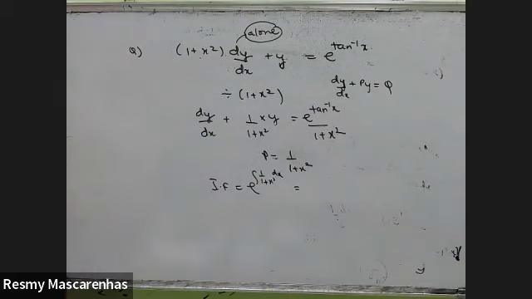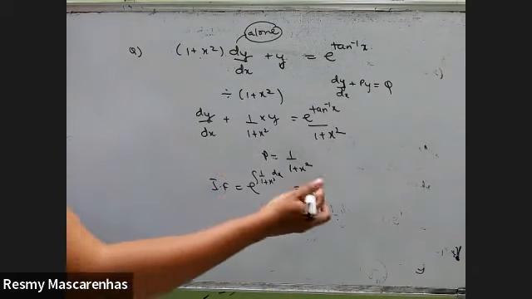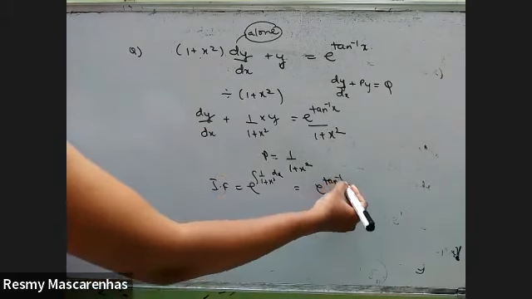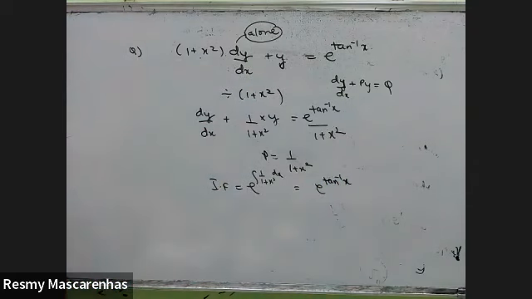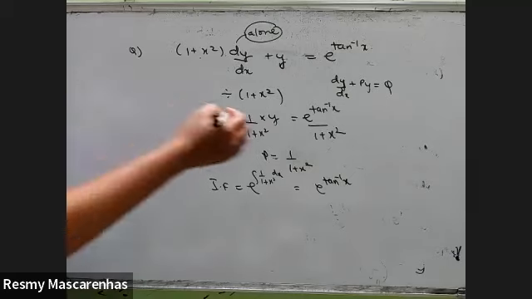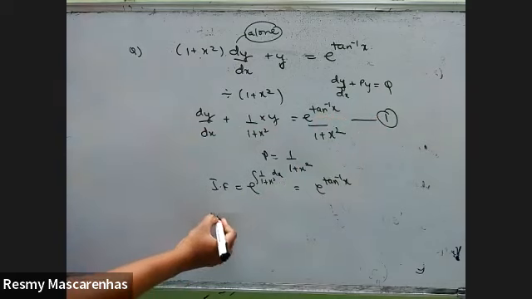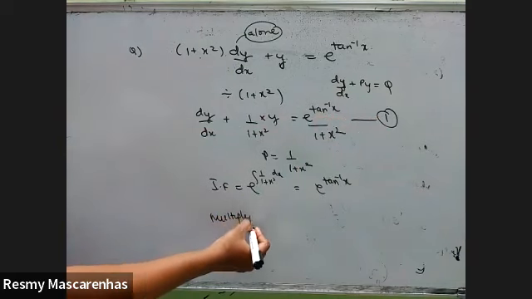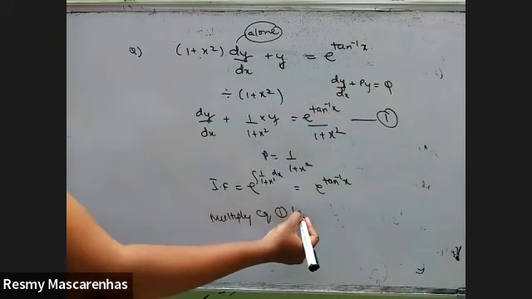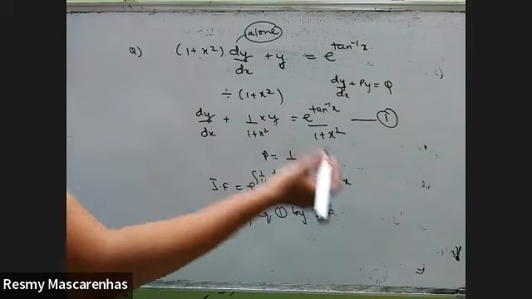You know what the integral of 1 upon 1 plus x square is? It is tan inverse of x. So the integrating factor is e raised to tan inverse of x. Multiply equation 1 by the integrating factor.